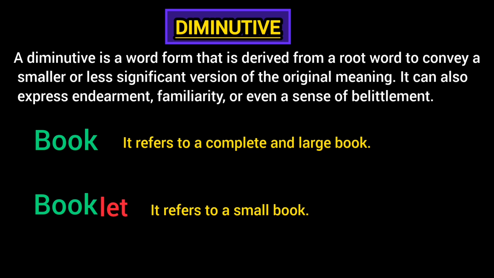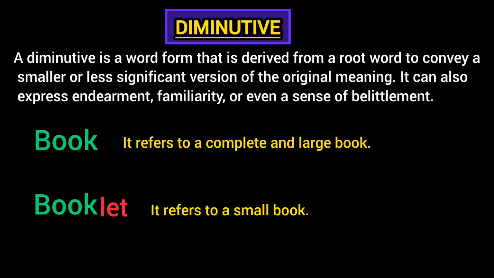Actually, booklets are short, concise, and easier to carry around. They might contain only a few pages, focusing on one specific topic, and are often used for informational purposes, such as guides, brochures, or pamphlets. You can see this is also called a diminutive.